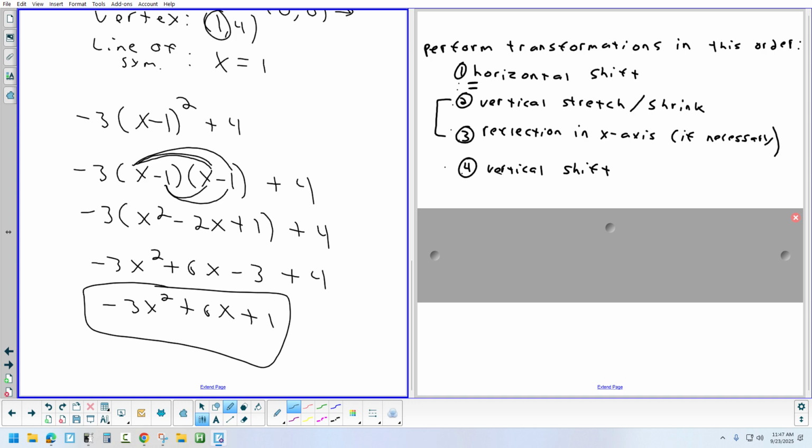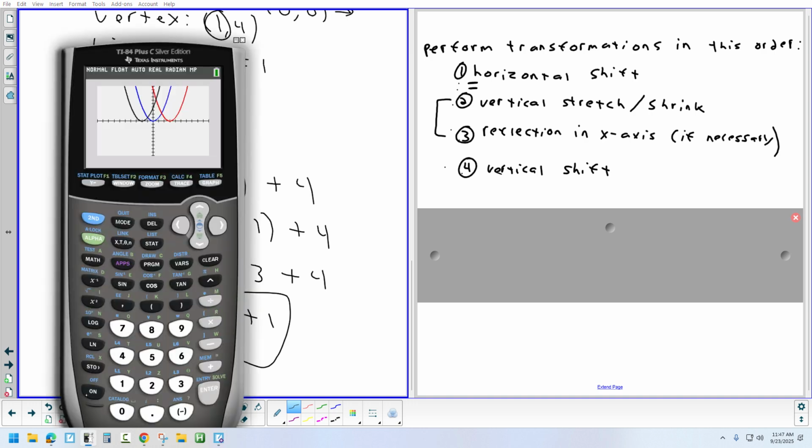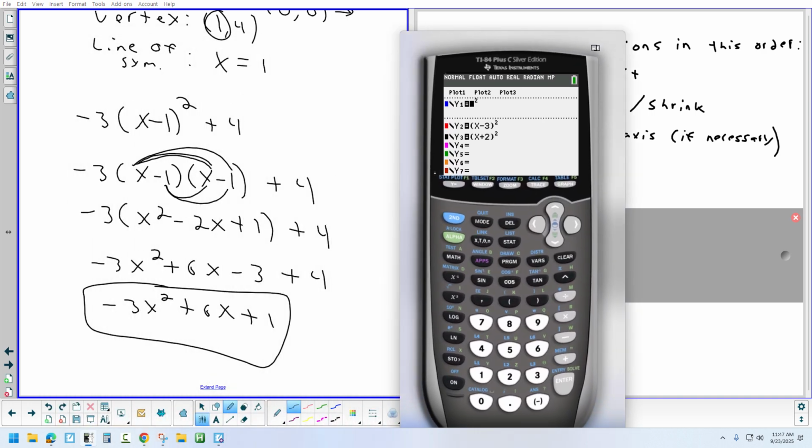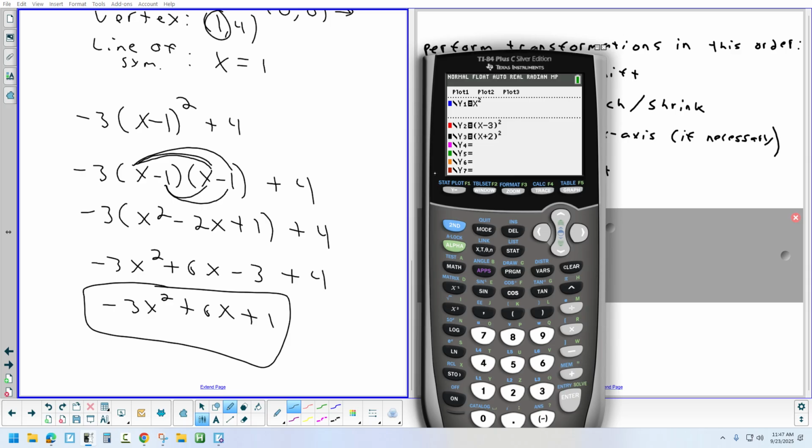And I can check that I did that right by typing in the original and typing in how I just did it out and see if they look the same. So let's put in negative 3(x minus 1) squared plus 4. And negative 3x squared plus 6x plus 1.